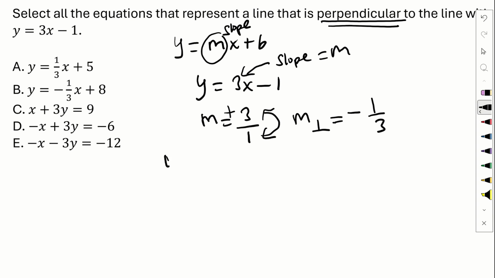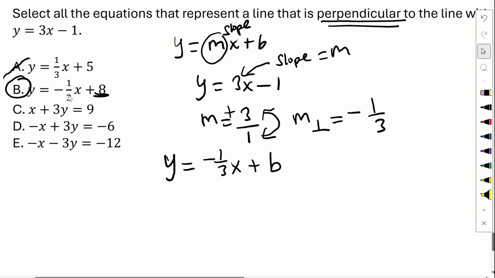So the new line has to be -1/3 x plus b. B could be any number, by the way. So b could be 8, so that's good. So b is correct. It can't be a because it says 1/3 x. It has to be -1/3, so it can't be a.